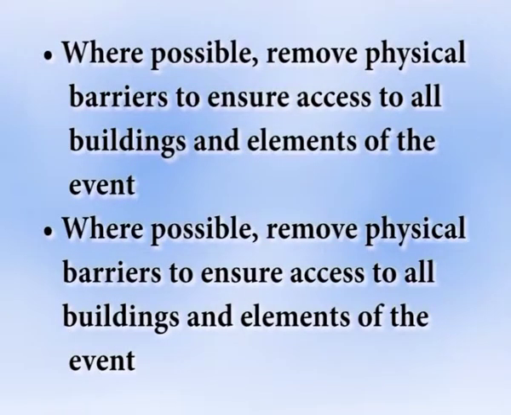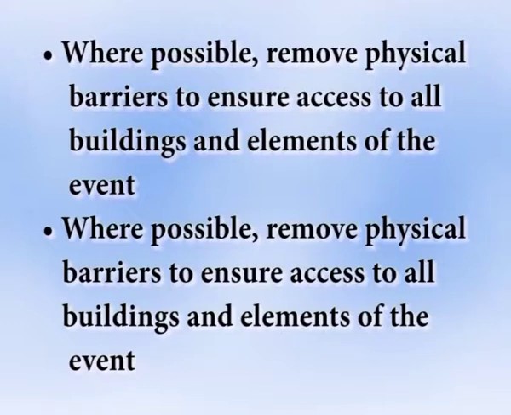Where possible, remove physical barriers to ensure access to all buildings and elements of the event. Consider the width of the aisles, the gradients to be covered, the dimensions of gates and doors to be passed through and their ease of opening.